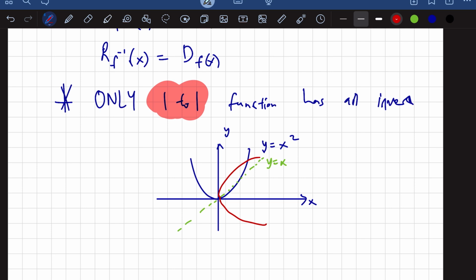The problem is that the reflected graph is actually no longer a function. It has one input but two outputs. So, therefore, you cannot inverse a many-to-one function because you will end up having a one-to-many situation, which is not a function. Okay? So remember, only a one-to-one function has an inverse, and that is always true.